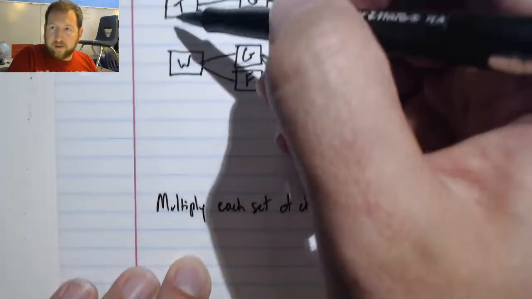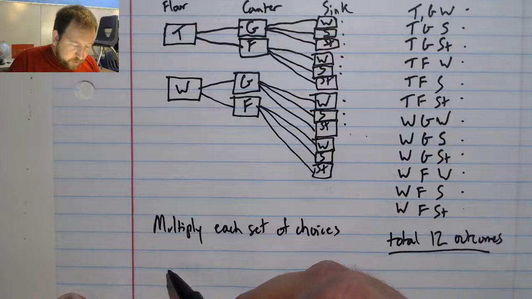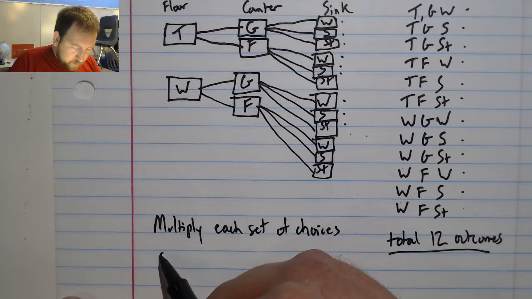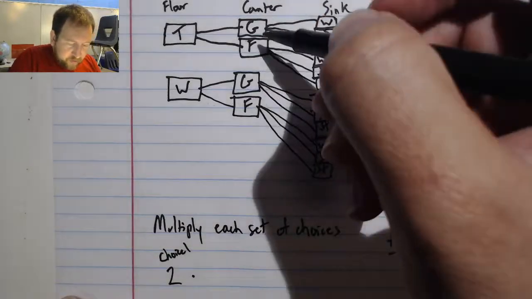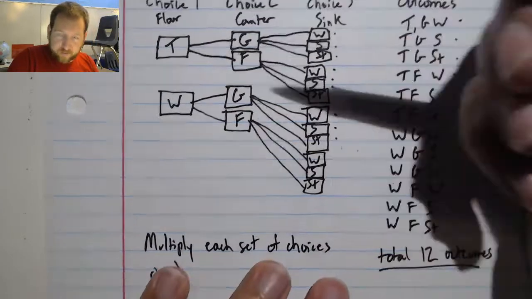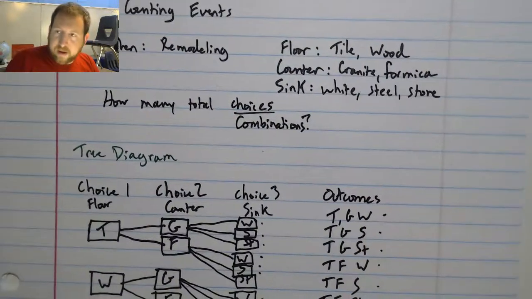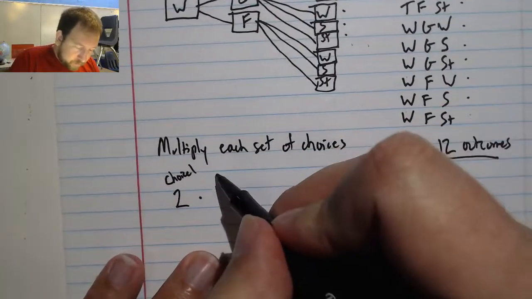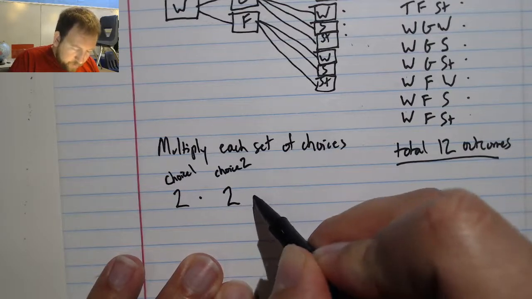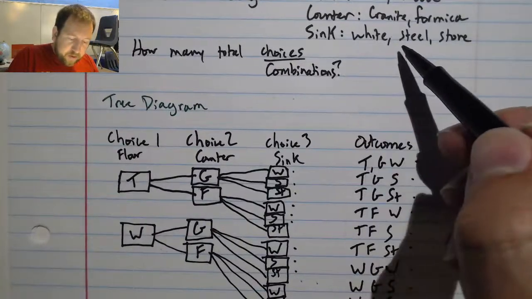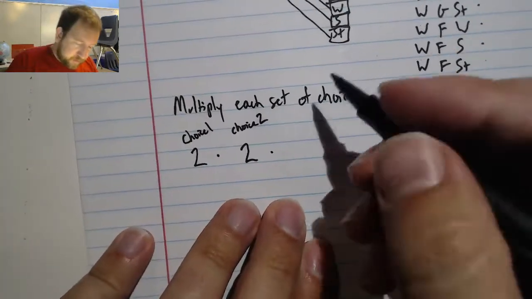So for my choice 1, I had 2 options. For choice 2, I also had 2 options. Recall that I only had granite and formica available. For my third choice, I had 3 options.